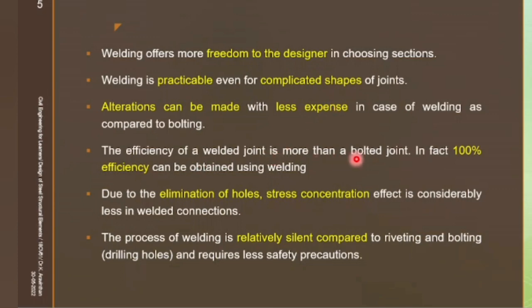And the efficiency of the weld is 100%. Now you recollect the first problem which you have done in bolt. Lap joint gave 38% around of efficiency, and the butt joint gave around 75% efficiency. But if you are using welded member, 100% efficiency.